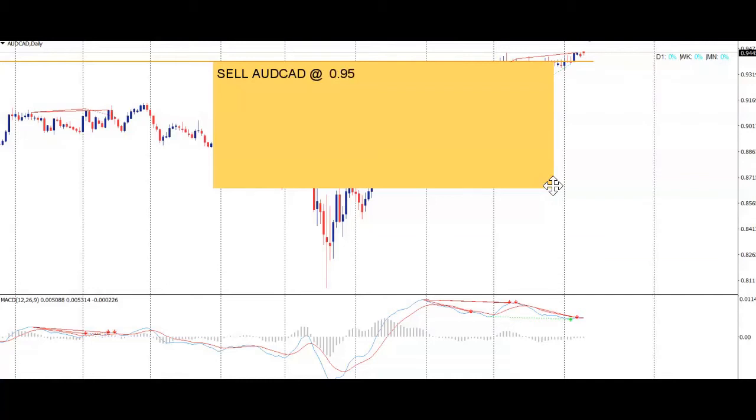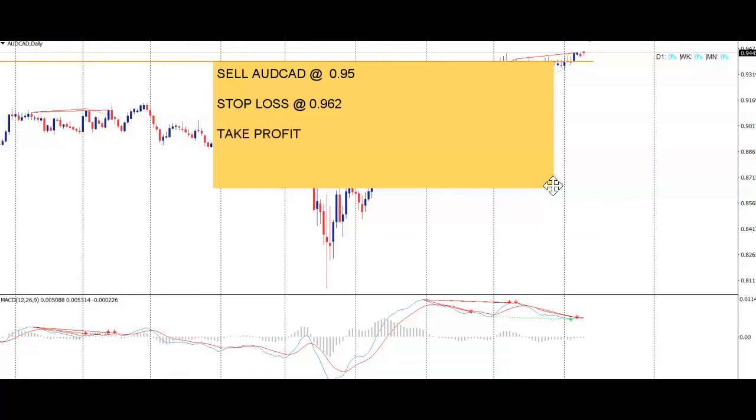Okay, stop loss is going to be a stop loss. This can turn into a really nice long-term trade. 0.962, and take profit if you want to hold this long-term will be around 190.